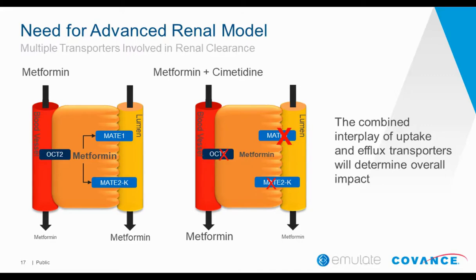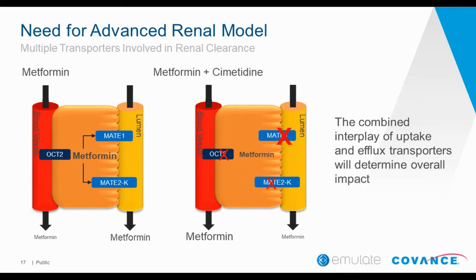So we ask ourselves, why is it important? Why do we need an advanced renal model as opposed to a number of the technologies that we have available to us today? And the simple answer is that we know that compounds will interact with multiple transport systems as they're progressing through the kidney, or in particular here, the proximal tubule. Using metformin as an example here of the interactions with OCT2, as well as MATE1 and MATE2K.